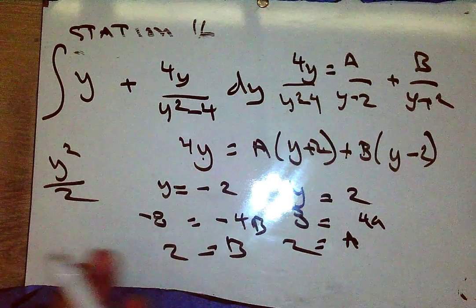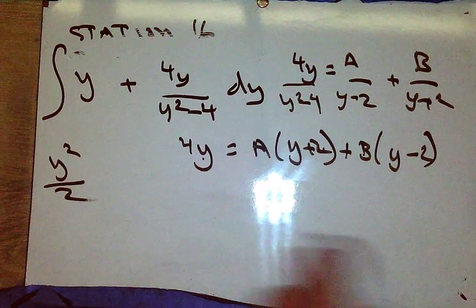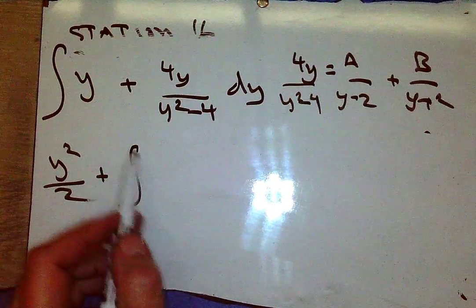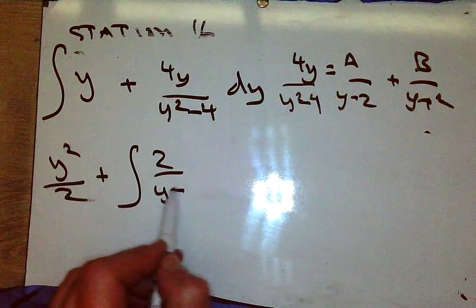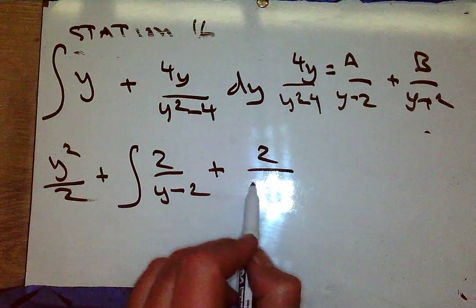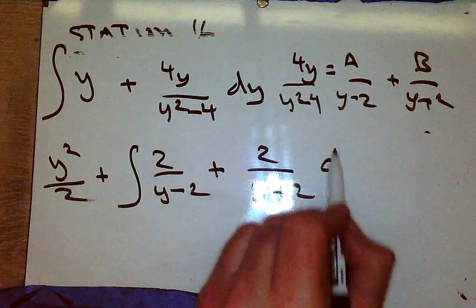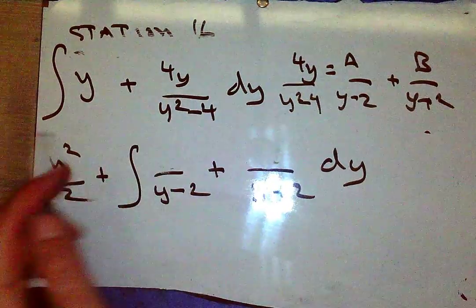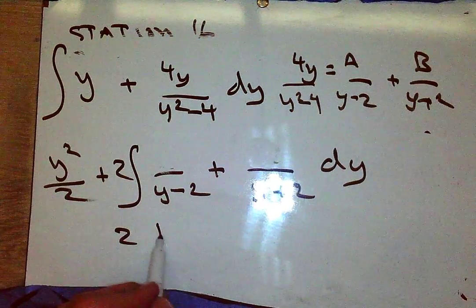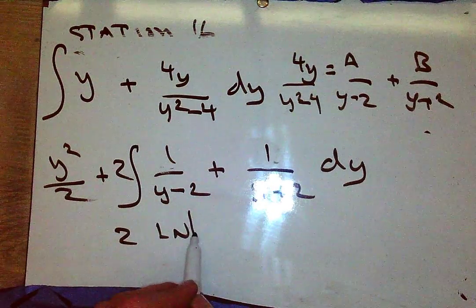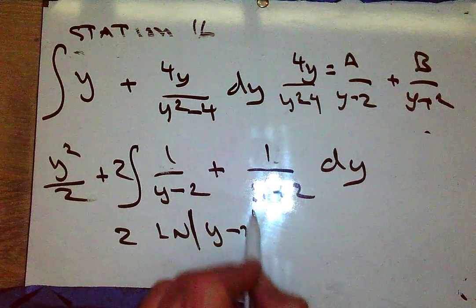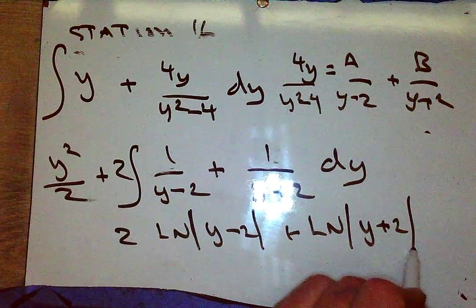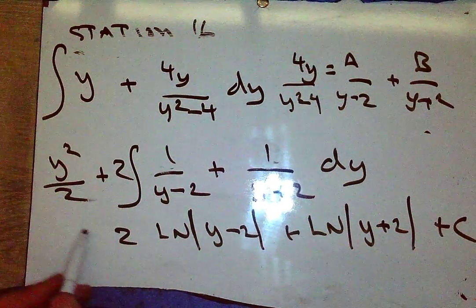So now that we know that a and b are 2, we can say plus the integral of 2 over y minus 2 plus 2 over y plus 2 dy. And so if we pull out those 2's, I'm going to see 2 ln of y minus 2 plus ln of y plus 2. Don't forget the plus c.